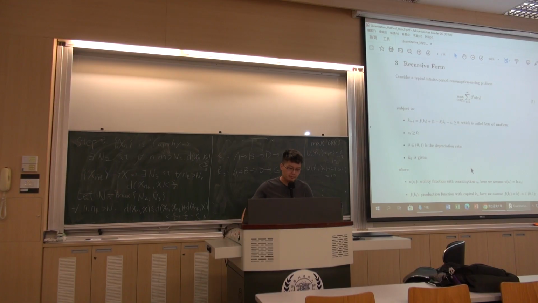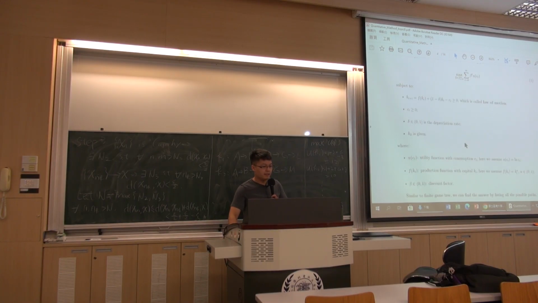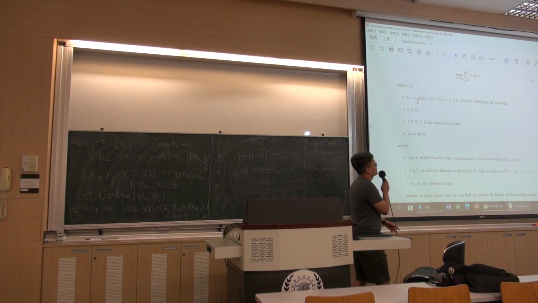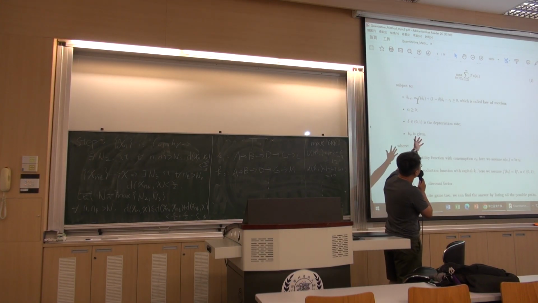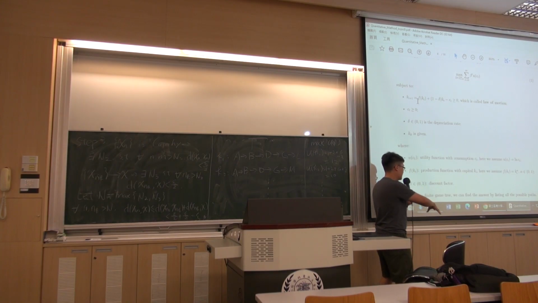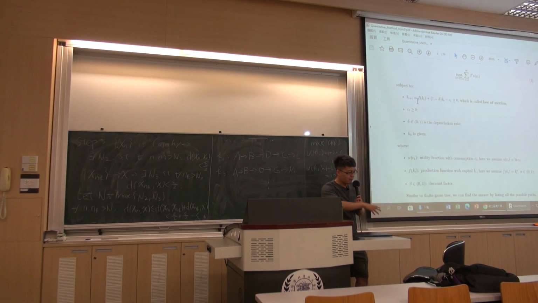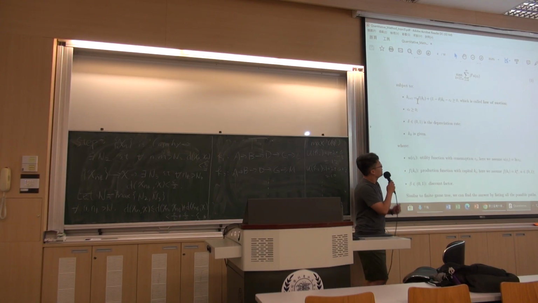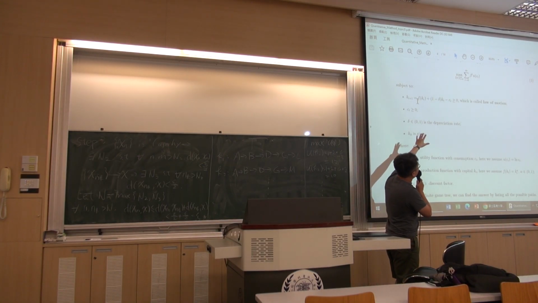Okay, and we also have the law of motion, meaning that this capital k_t will depreciate at a rate delta here. So if you save something from this period to the next period, it's going to depreciate a little bit. And that is the law of motion.